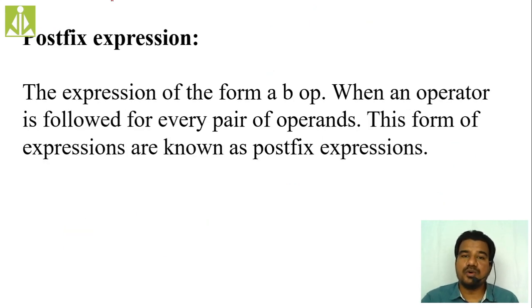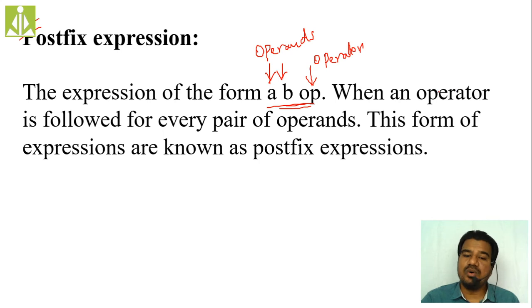The next is postfix expressions. Post means after the operands, the operator will come. So here, you see an expression of the form A, B, OP. What is A? Operand. What is B? Operand. These two are operands. And what is this OP? It is an operator. So an expression of this form we call a postfix expression, when an operator follows every pair of operands.